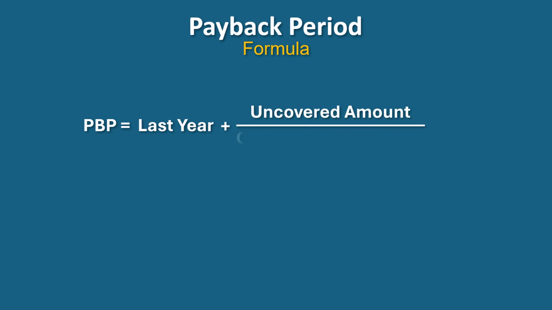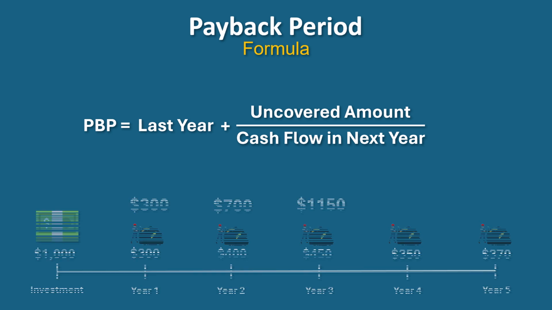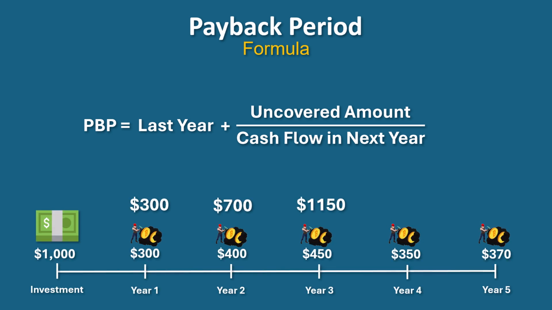The formula for payback period is payback period equals last year with cumulative cash flow less than initial investment plus uncovered amount divided by cash flow of the next year. In our example, the last year where cumulative cash flow is less than $1,000 is year 2.